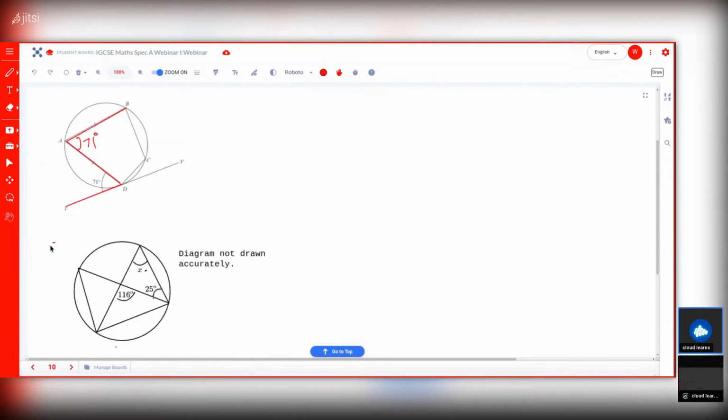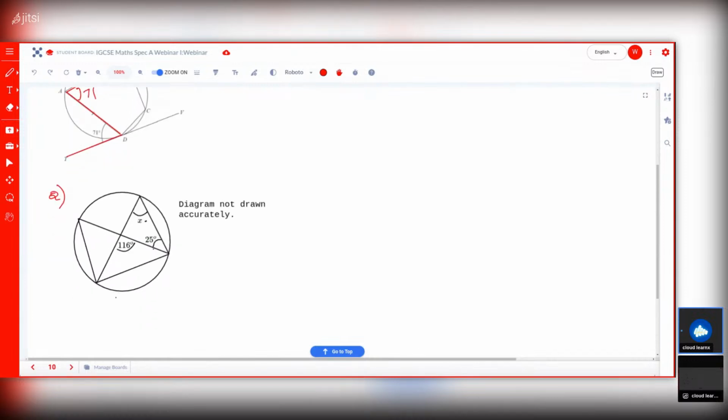Right, the next one. Give it an attempt, pause the video if you're watching the recorded video, and see if you can figure this out, right? Okay, so here are a few things that might go wrong.